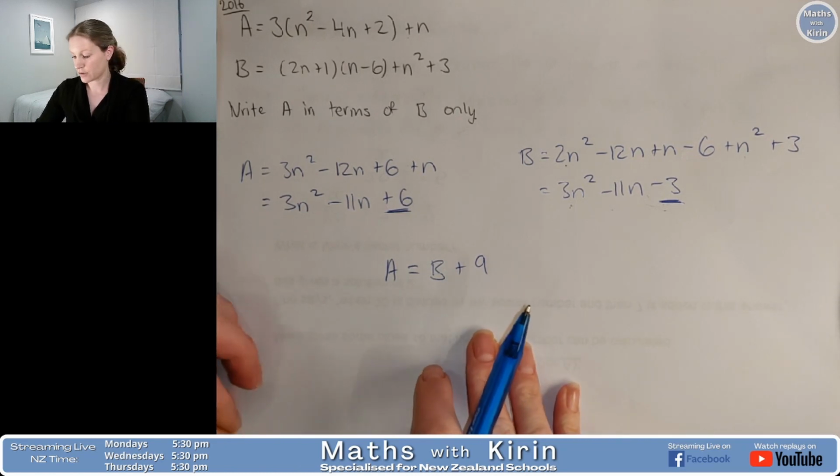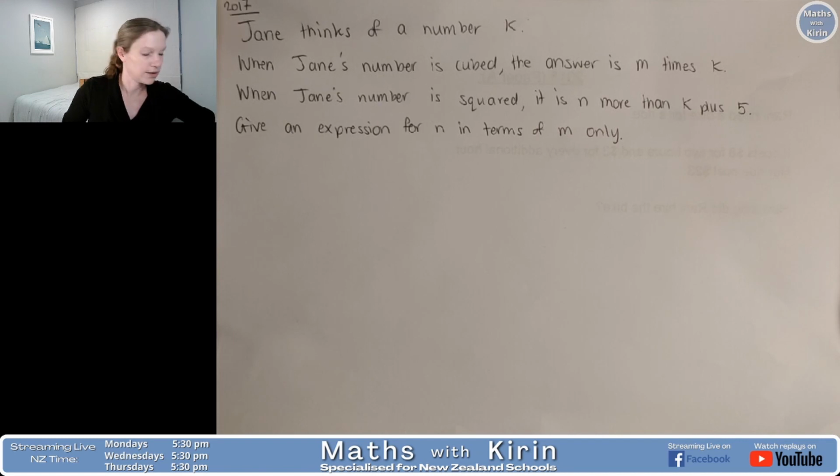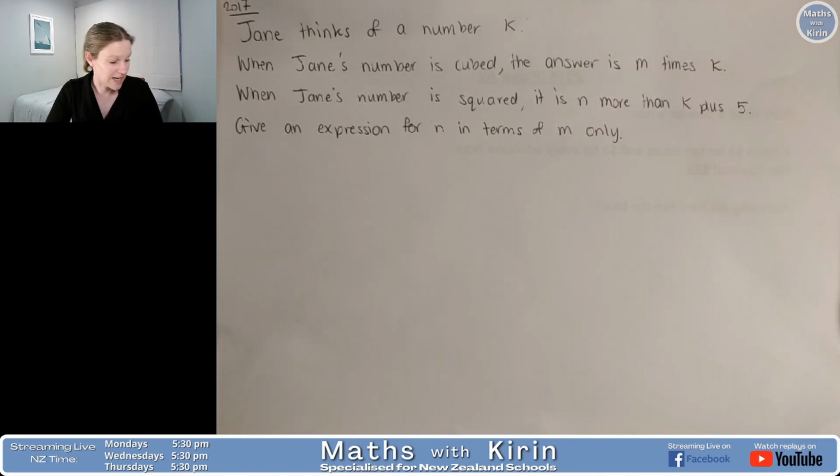Awesome. And the last question for today's question and answer session, unless anyone writes another one quickly, is from a 2017 paper. It says, Jane thinks of a number, k. When Jane's number is cubed, the answer is m times k. When Jane's number is squared, it is n more than k plus 5.